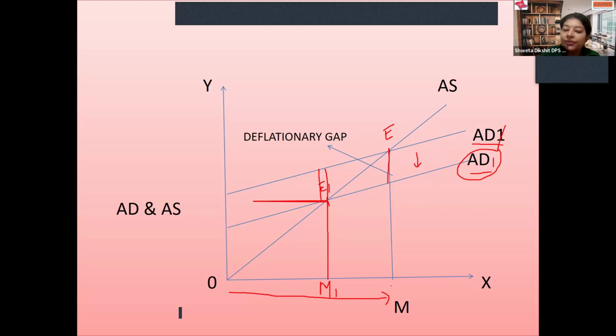The economy will tend to have lower income because people are demanding less. Production will also be affected. Employment will also be affected. So M becomes M1. This situation is known as under full employment situation, because when we believe that this is the full employment situation, then definitely this is under full employment situation with deflationary gap.